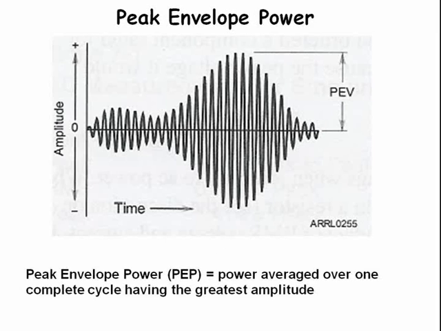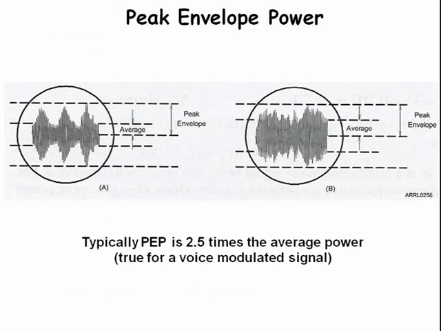Peak envelope power, that is PEP, equals power averaged over one complete cycle having the greatest amplitude. Typically, peak envelope power is 2.5 times the average power. This is true for a voice modulated signal.